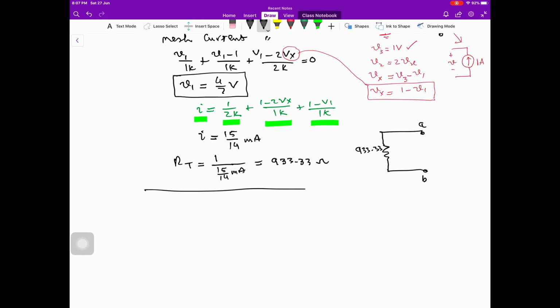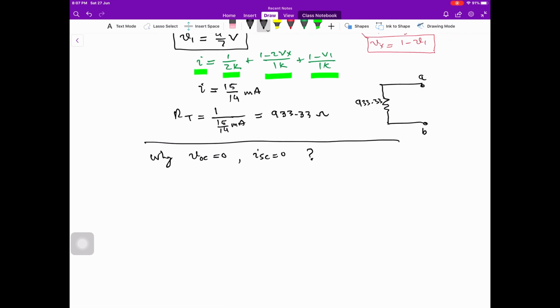Now, why is V open circuit equal to 0, and why is I short circuit equal to 0? In this case, I will advise you to find V open circuit or I short circuit. I will not hesitate in showing you the circuit again and again.